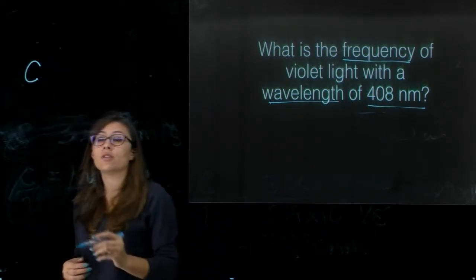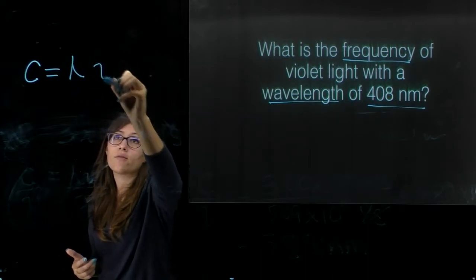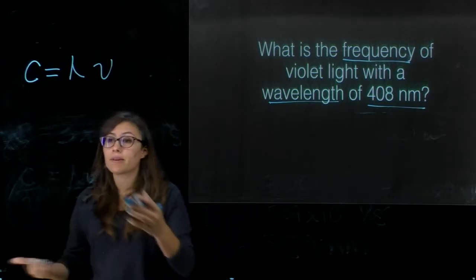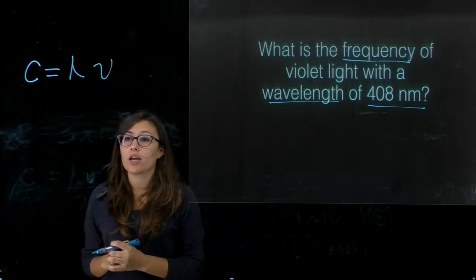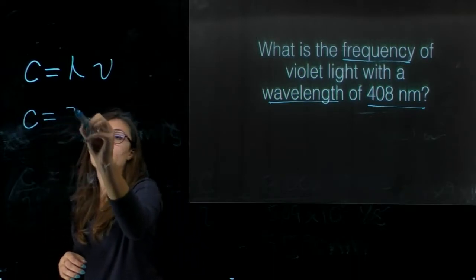We're going to be using the same formula that relates wavelength and frequency together. And we're going to be manipulating this equation in order to solve for our frequency. So we know what our speed of light constant is.